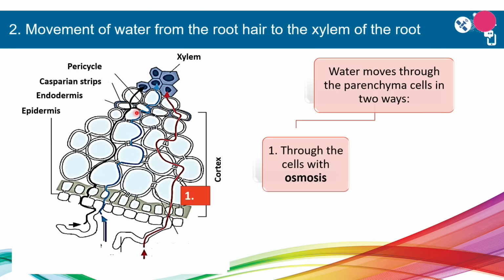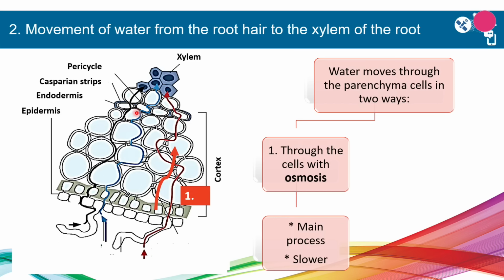The one way is a bit more difficult, and it takes a little more time, since the water needs to pass through the cell wall, through the cell membrane, into the cytoplasm, then out of the cell membrane, out of the cell wall, and then into another cell.